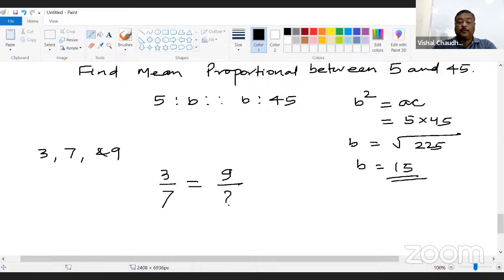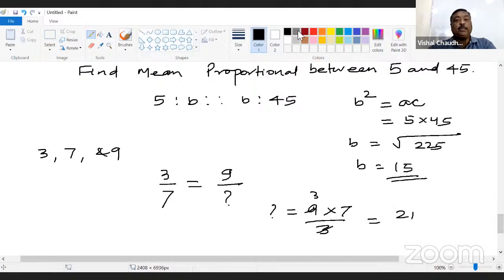We have to find the fourth proportional, that is your D. So how are we going to do it? Either you can do 9 into 7 by 3 and you will get 21.